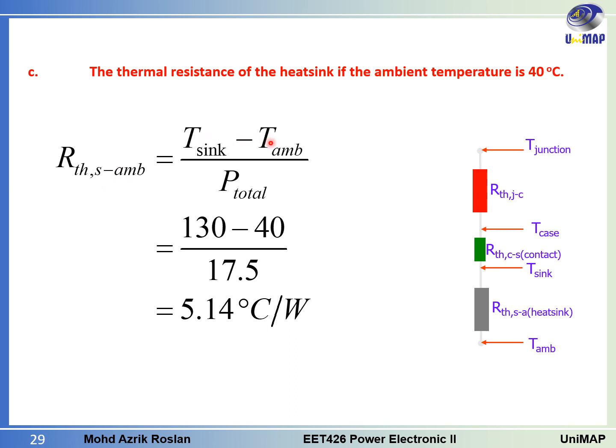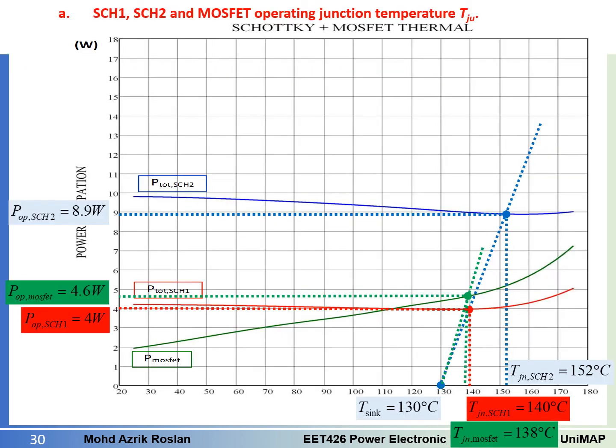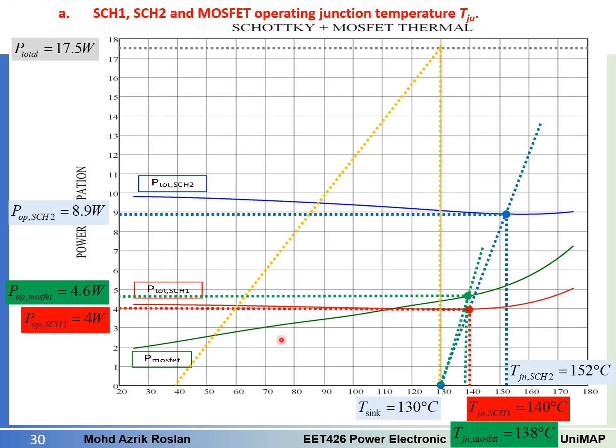T sink minus the ambient temperature, which is 40, divided by P total, which is 17.5, and then you will get 5.14 degrees C per watt. So if you want to see from the graphical point of view, this is the value of the thermal resistance slope.